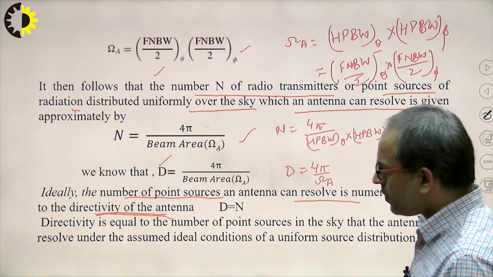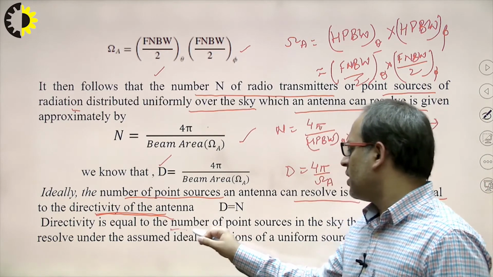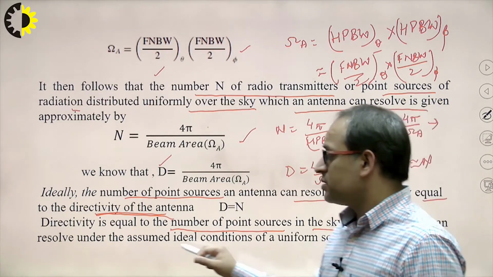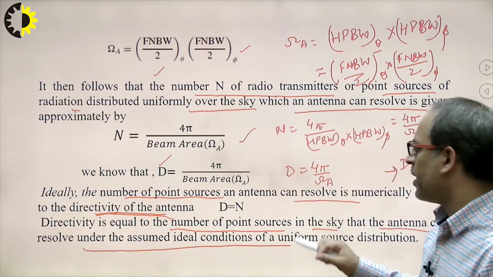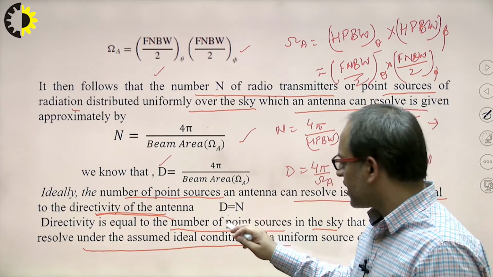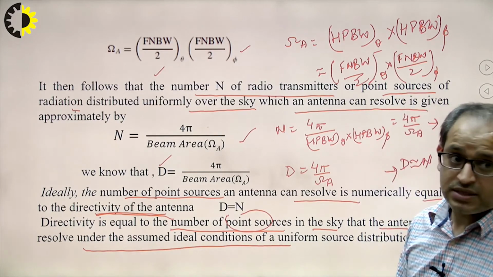Clear? So directivity is equal to the number of point sources in the sky that an antenna can resolve under assumed ideal conditions. Just like if I say these are the satellites. Clear?